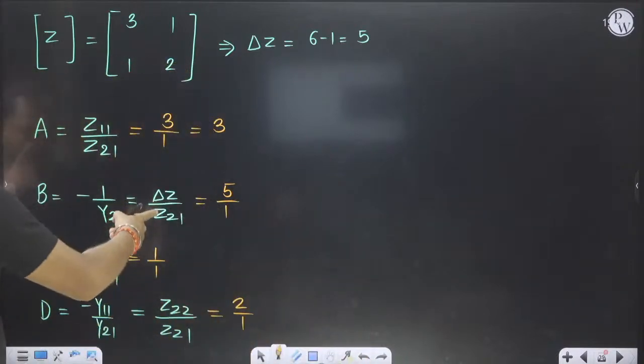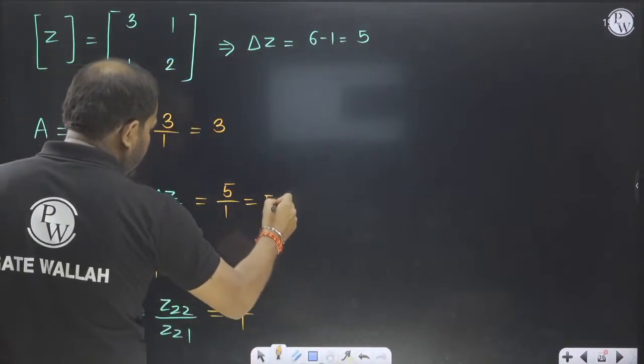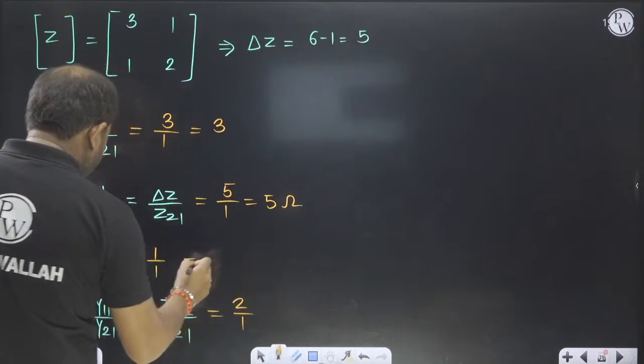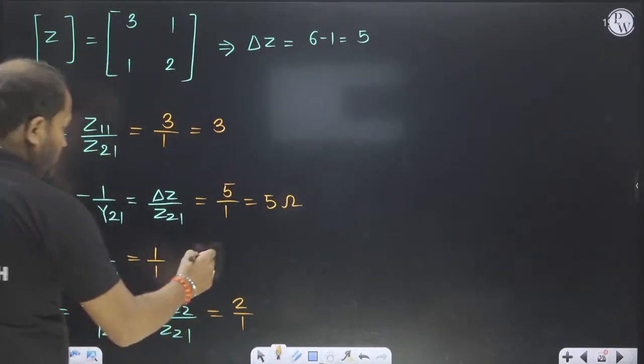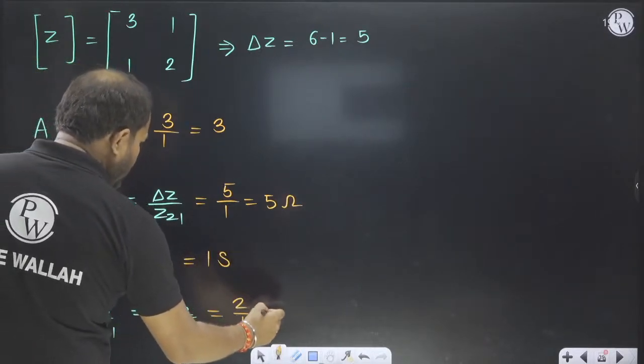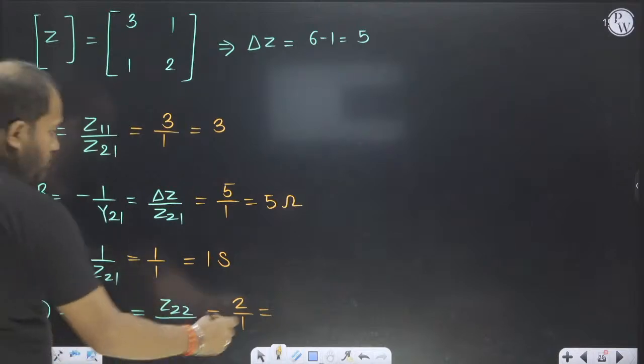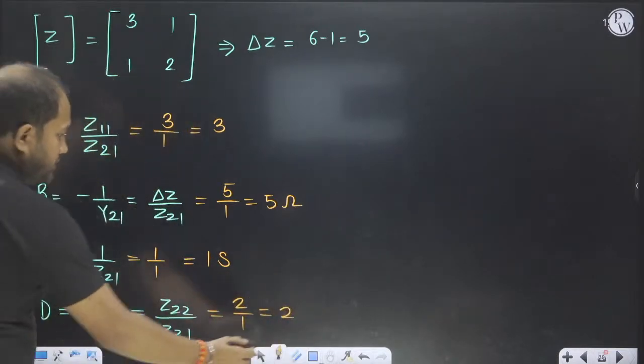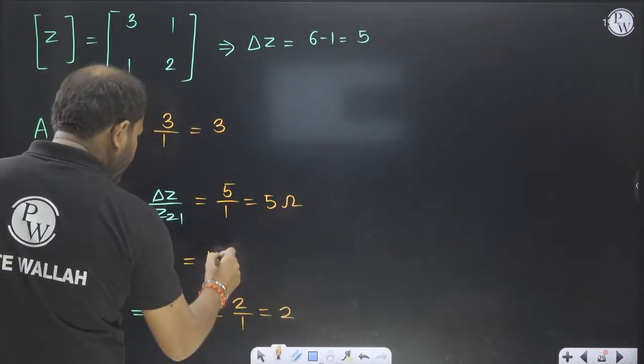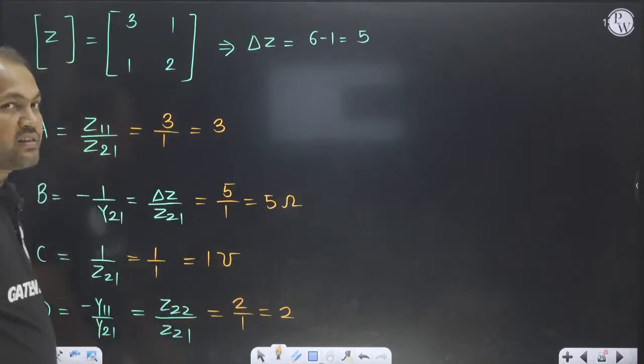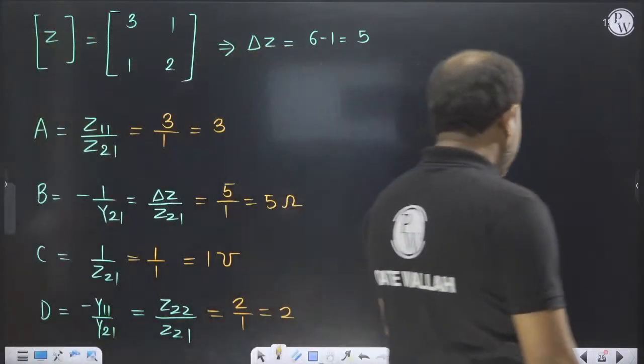So it is the Z parameter, so 5 ohm. This is 1 by Z21, so 1 Siemens, and this is Z22 upon Z21, so it is unitless. So this is our ABCD matrix.